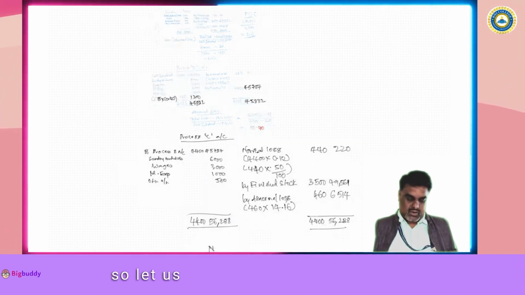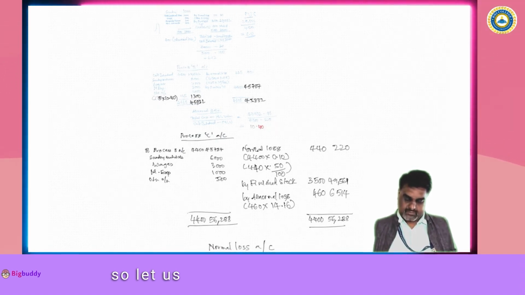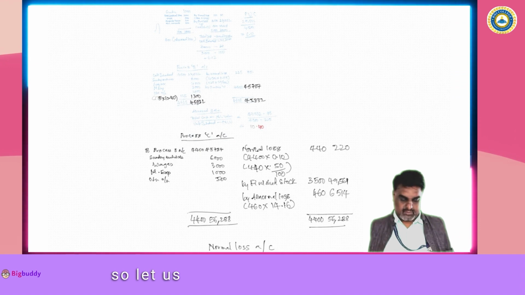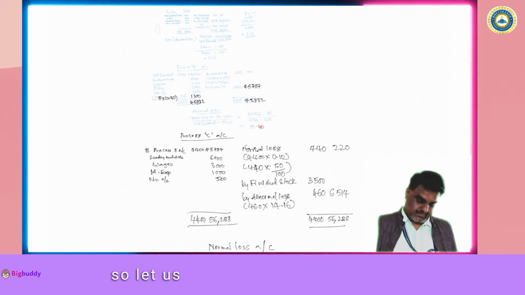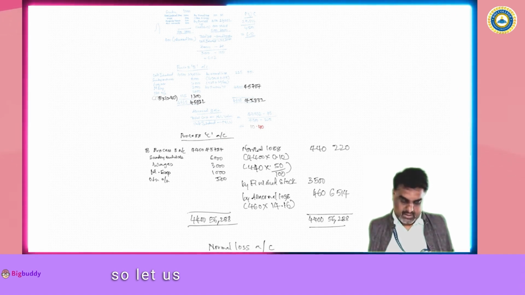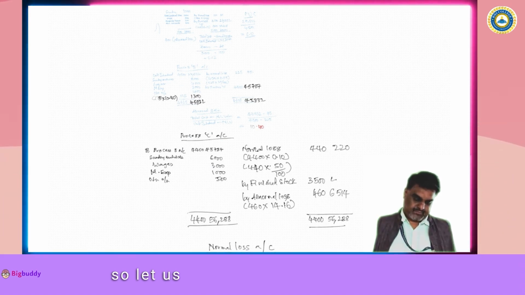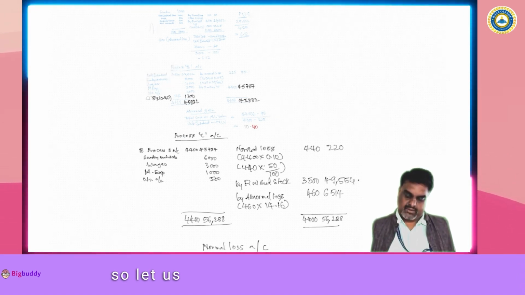So let us prepare a normal loss account first. There's a difference. 49,550.